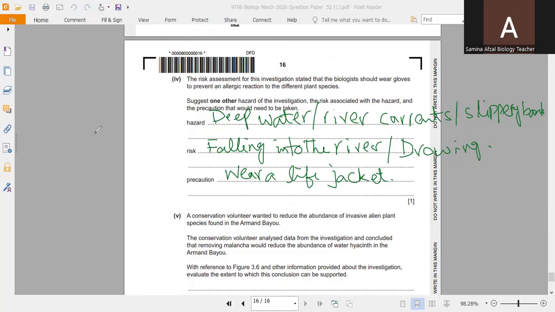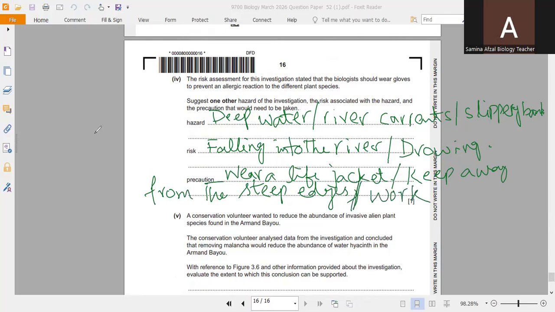And secondly, keep away from the steep edges or work in pairs. It will be helpful because people will be there who can help at any moment or in case of any mishap.